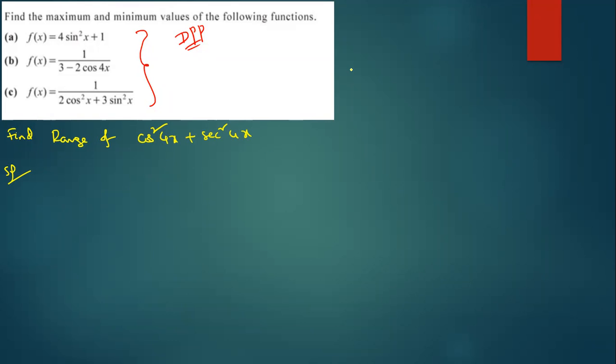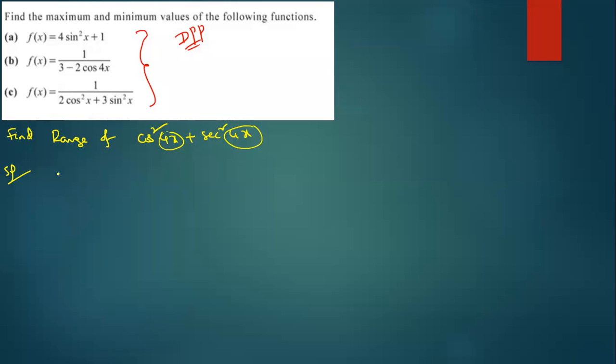2. Beautiful, correct. Simple. How? Cos square 4x is there, no problem. See, both are reciprocal. Angles are same. See carefully. Both are reciprocal. AM-GM concept.